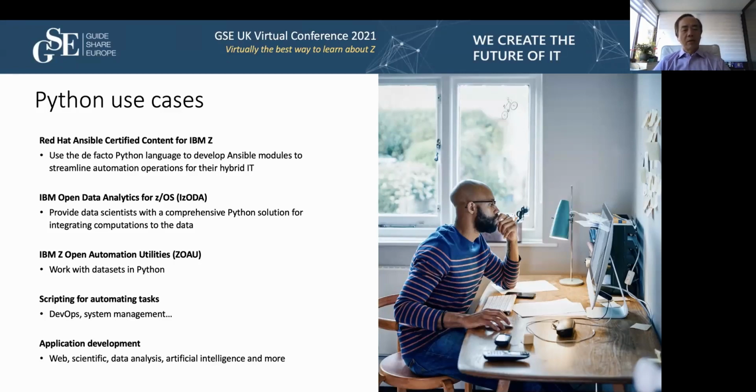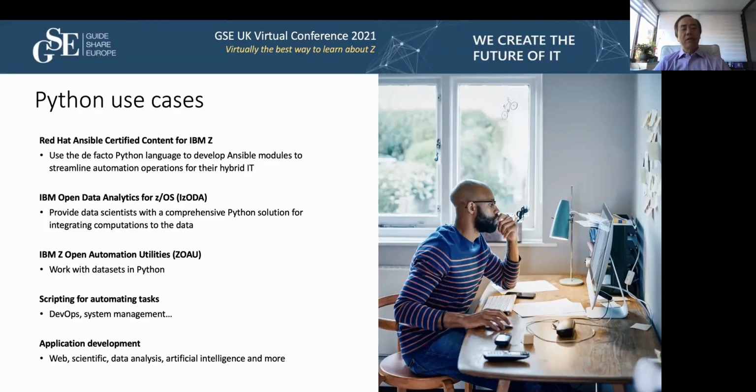And also it's for data analytics. IBM has a product called IBM Open Data Analytics for z/OS, or IzODA. They provide data scientists with a comprehensive Python solution for doing their data science applications. So Python is key in this usage as well.